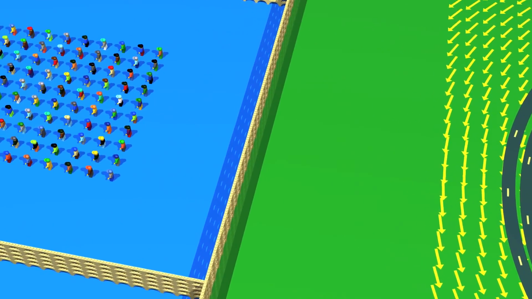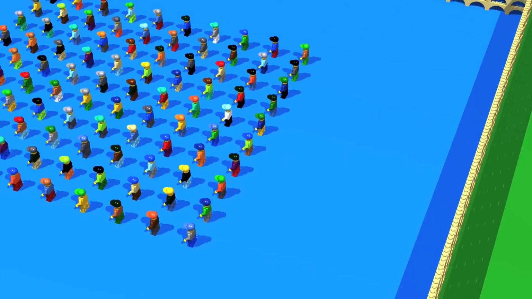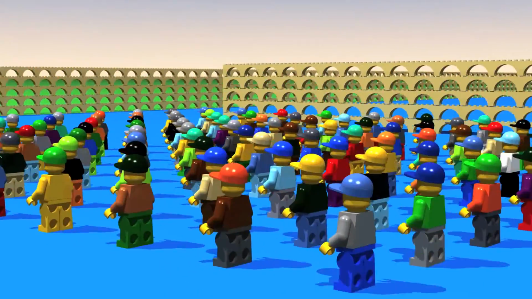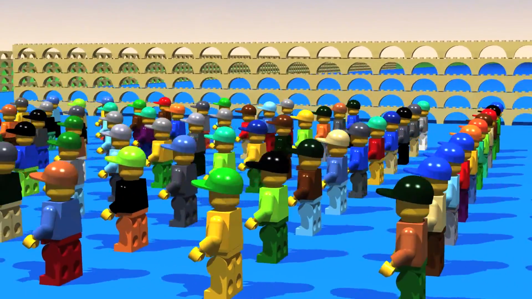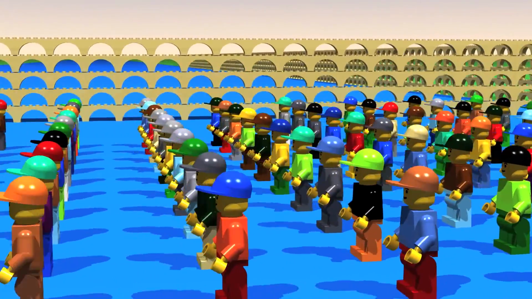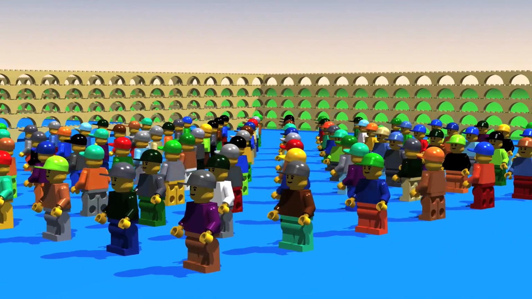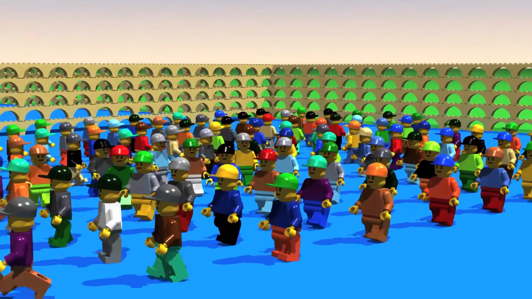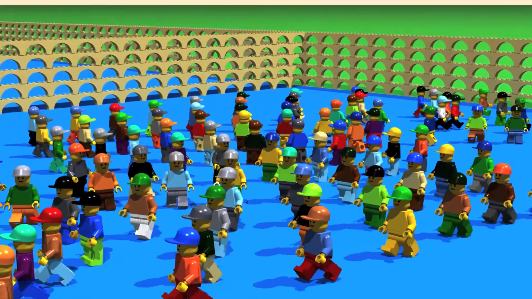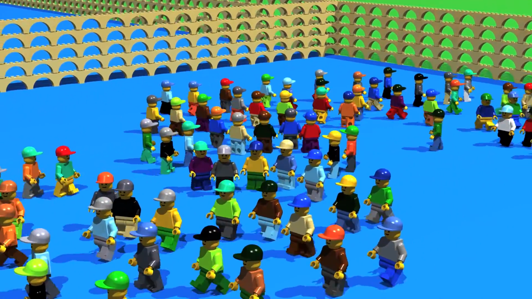Here's a group of Lego people neatly ordered, our little soldiers ready to start walking. Off they go. You see that the nice original order gets destroyed.